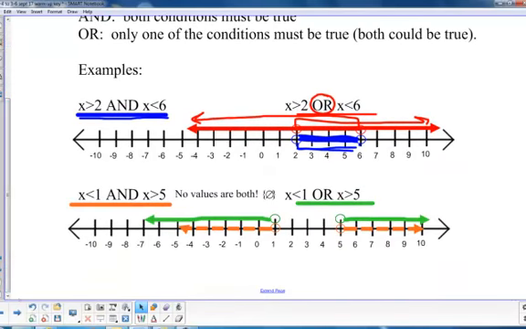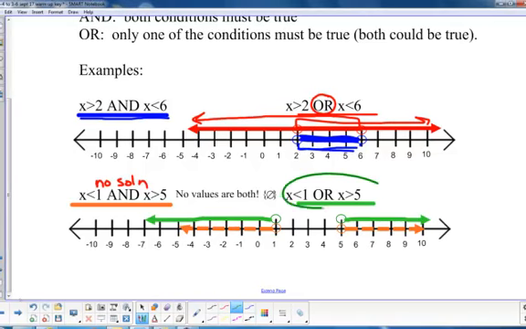So if you look at the orange here, if it says "and" and they go away from each other, it's no solution. This is an OR graph.